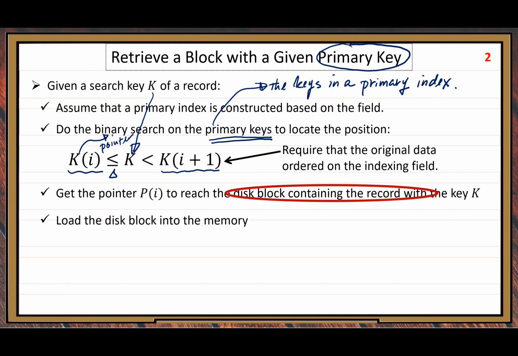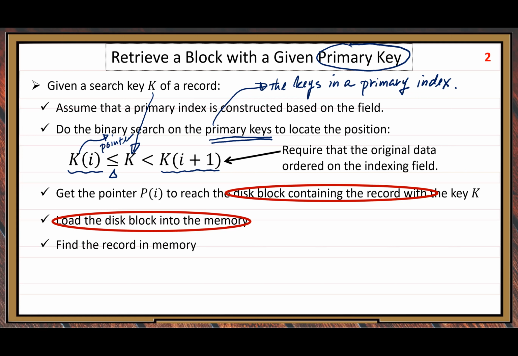After you load this block, you do the search to find that particular record inside the main memory. The last step is to find the record in memory. We know that searching in main memory is much faster.